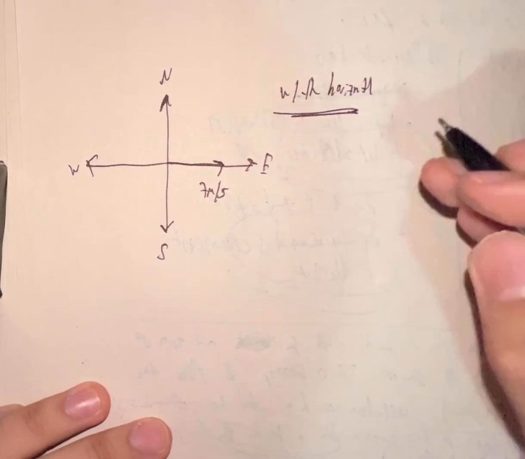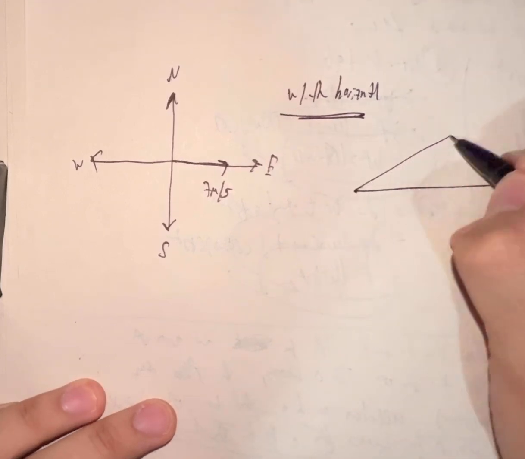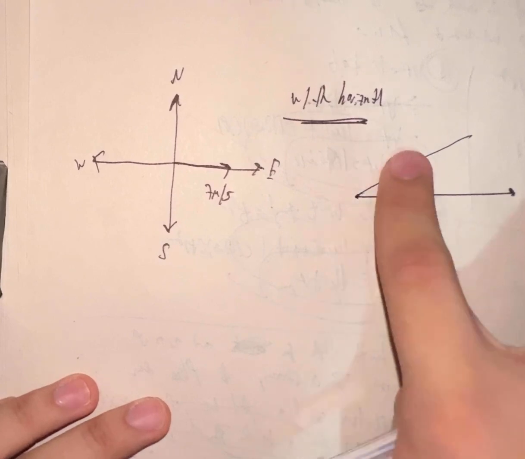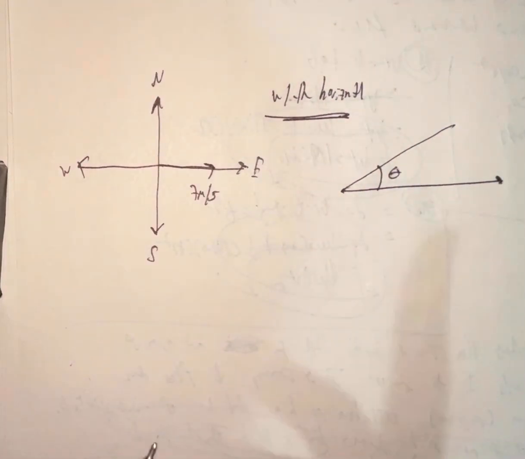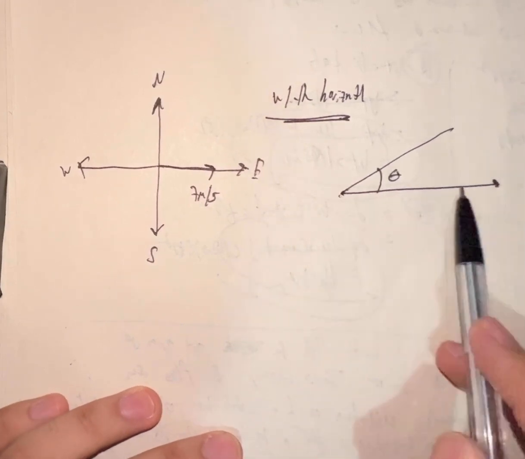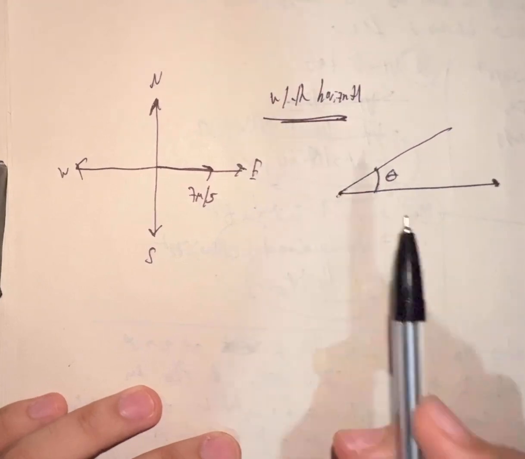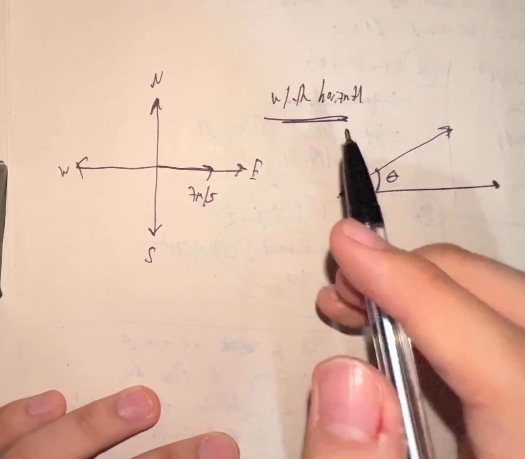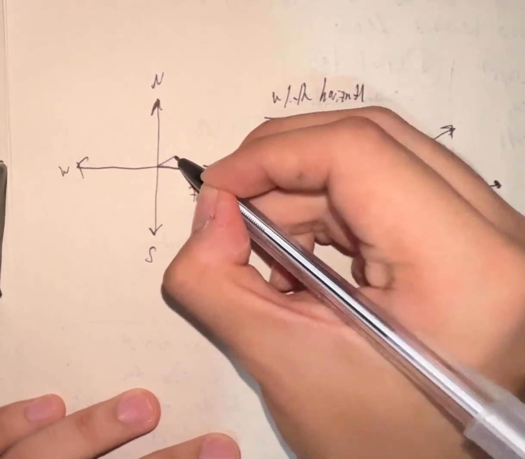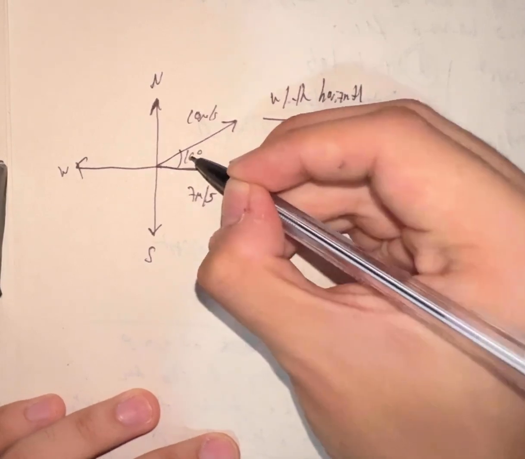When we say with the horizontal, this is the horizontal line, and this is the angle. That's how we represent the illustration. This will be the vector itself, starting from the horizontal line up to here. So now, 10 meters per second, 10 degrees.